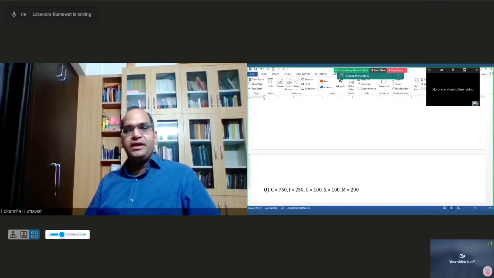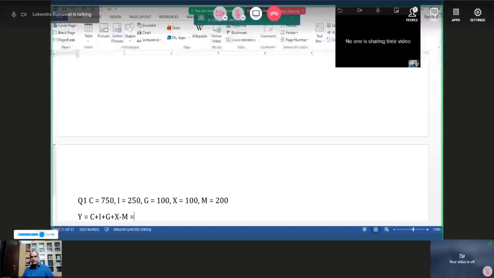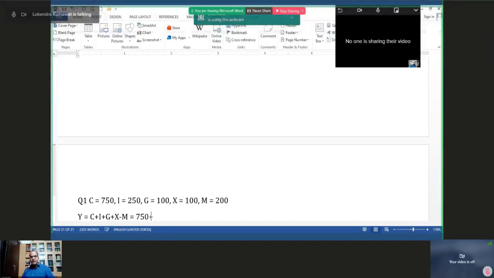From this it should be clear that Y is equal to C plus I plus G plus X minus M, which is 750 plus 250 plus 100 plus 100 minus 200, which is equal to 1000.